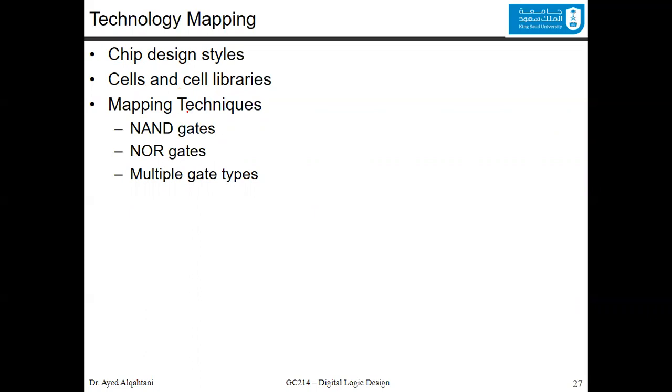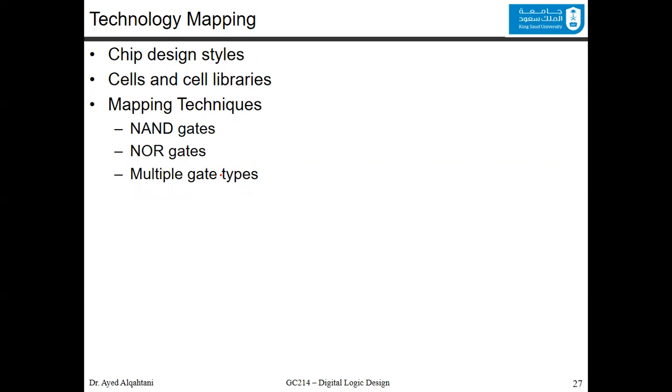For the mapping techniques, maybe you want to design the whole design only using NAND gates or using NOR gates, or using a certain number of NAND gates with certain other numbers of NOR gates, or multiple gate types.